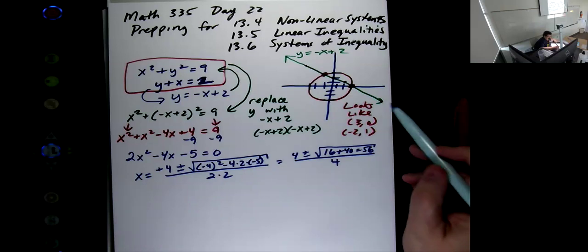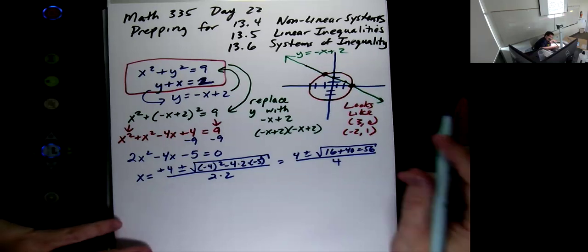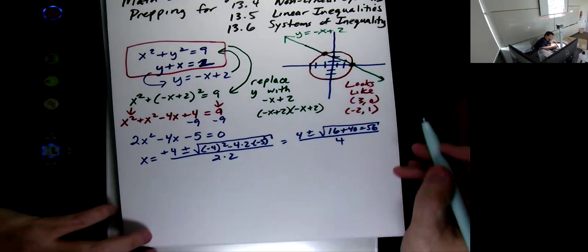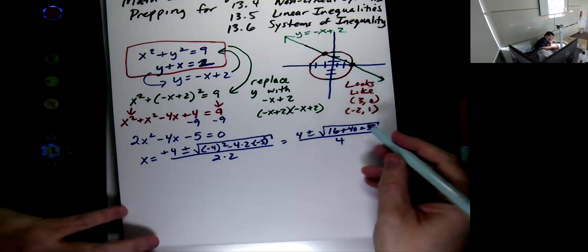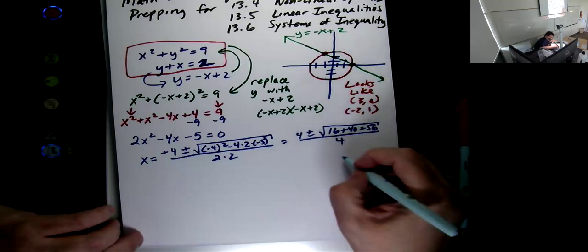Which means that is definitely not (3, 0), because I don't have a perfect radical. So I could factor out a 4. 56 is 4 times 14.